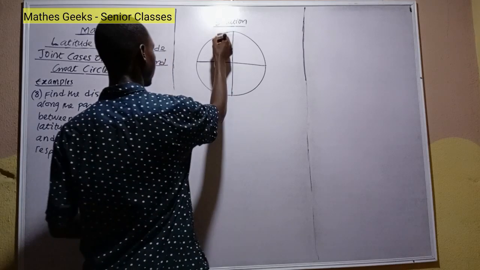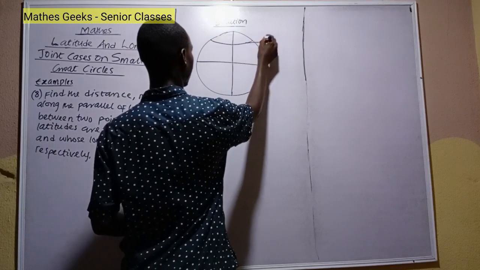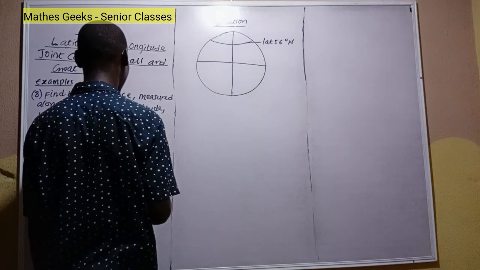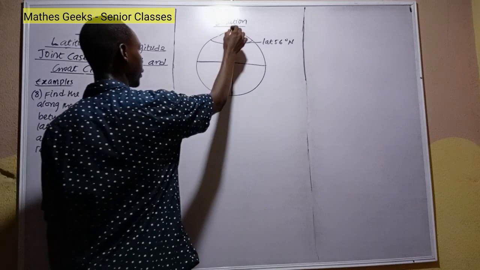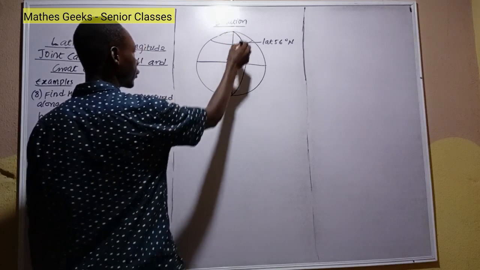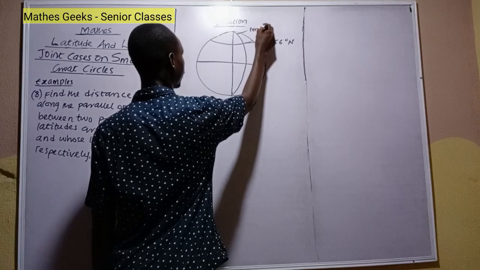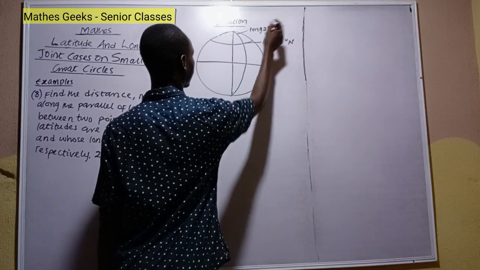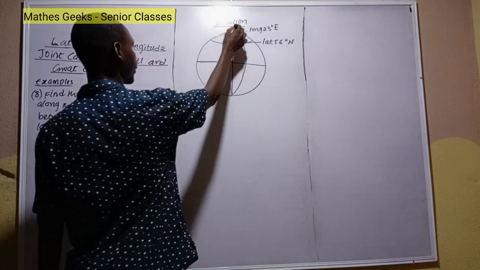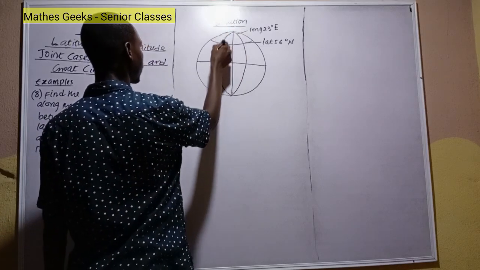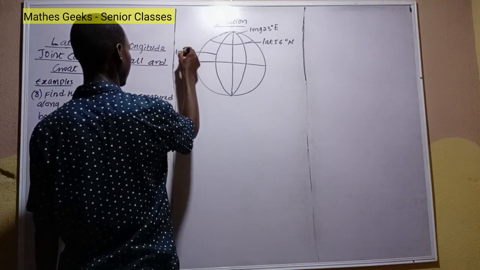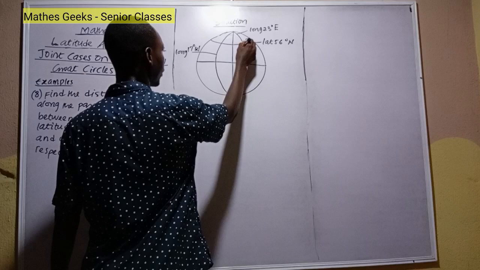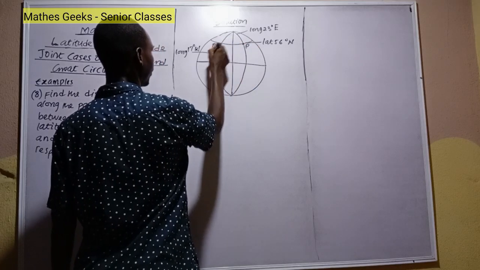The latitude is 56 degrees north, and the longitudes are 23 degrees east and 17 degrees west. Let's call them point P and point Q.